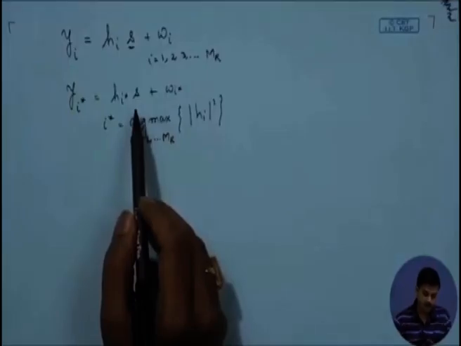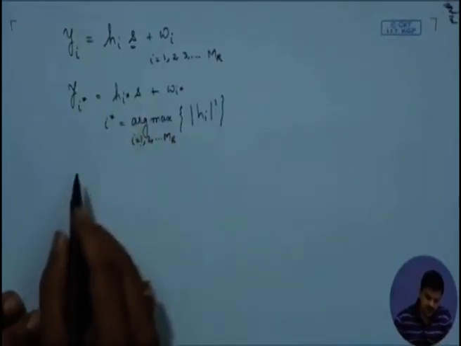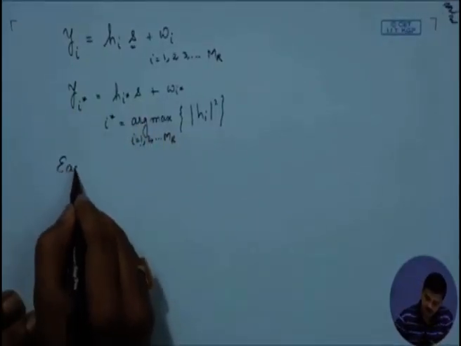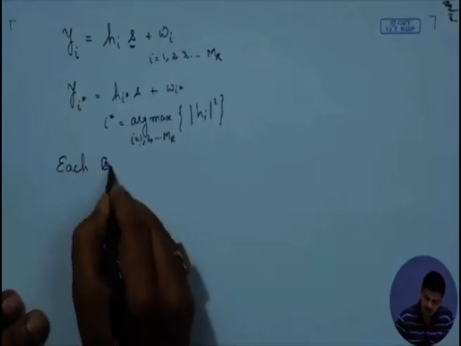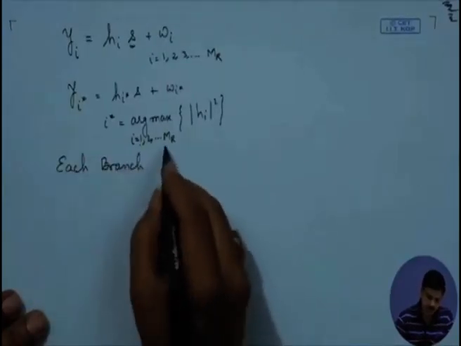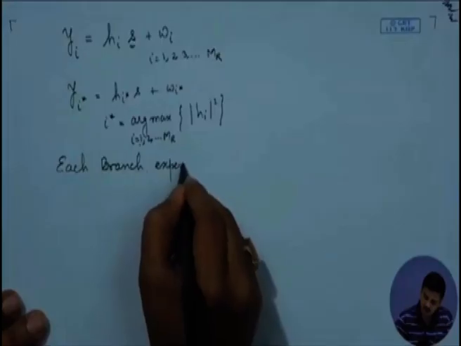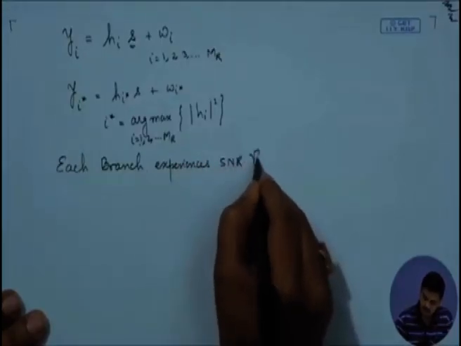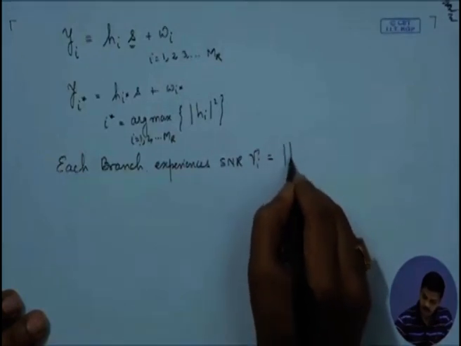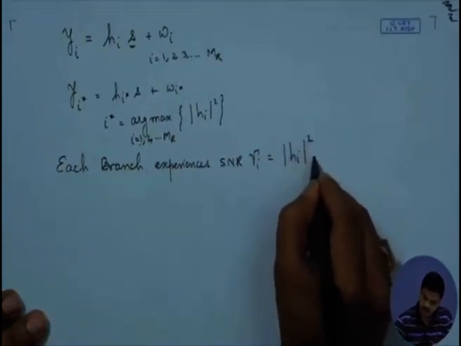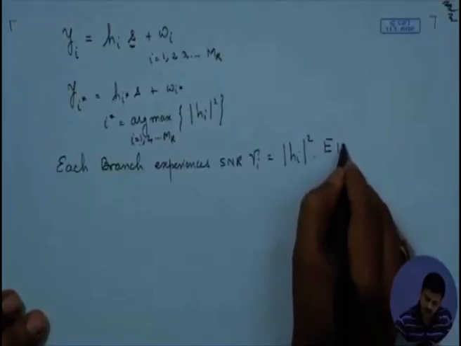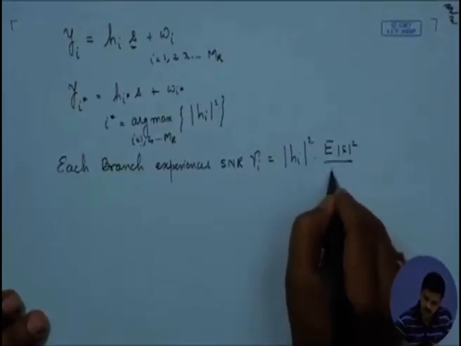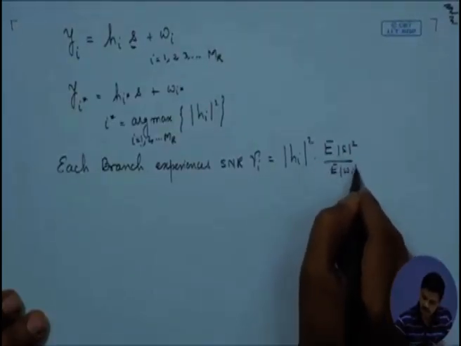This is what we get, and each branch experiences an SNR represented by gamma_i, which is equal to mod of h_i squared times E of s squared divided by E of w_i squared.